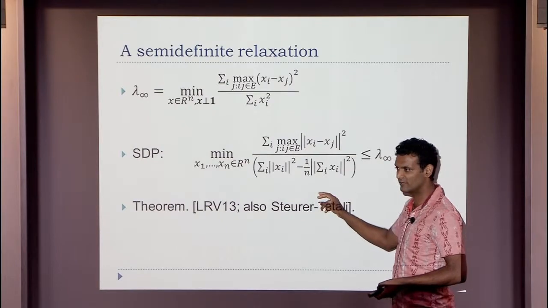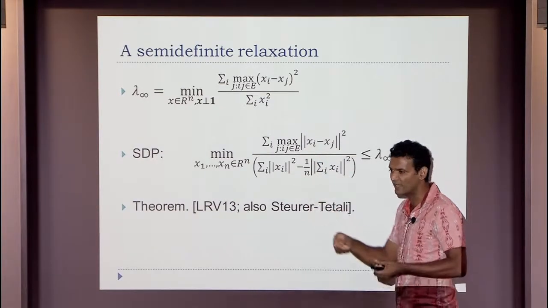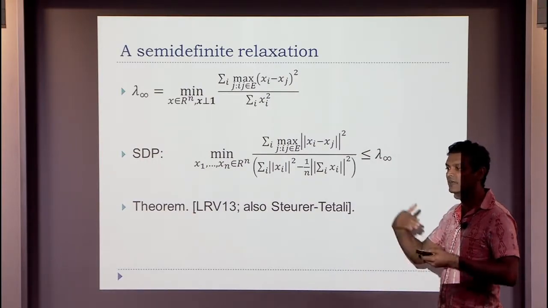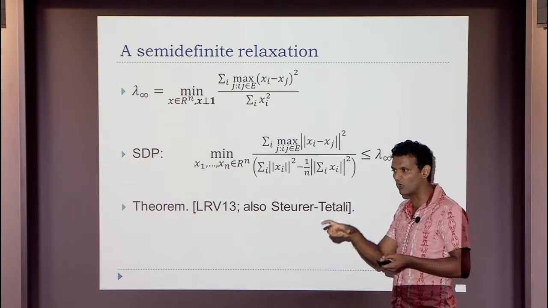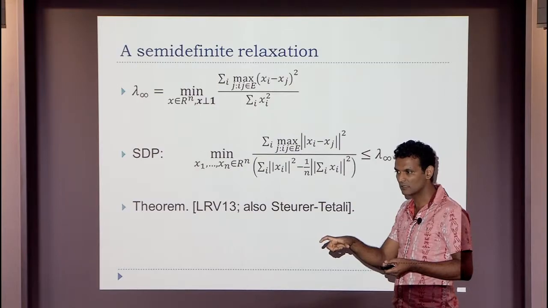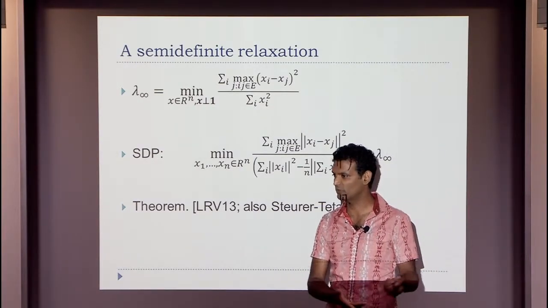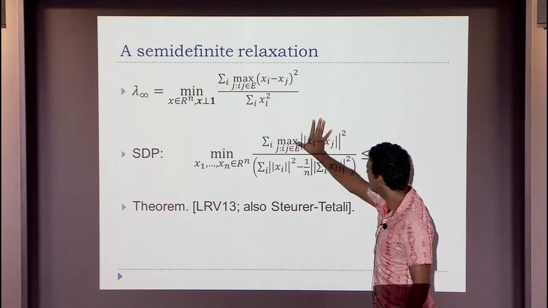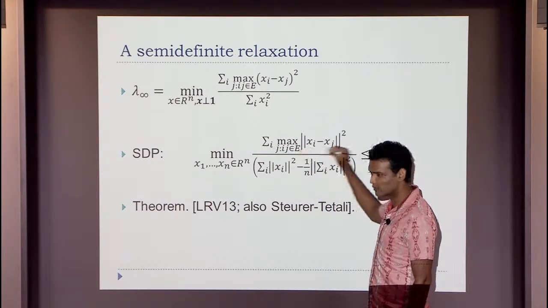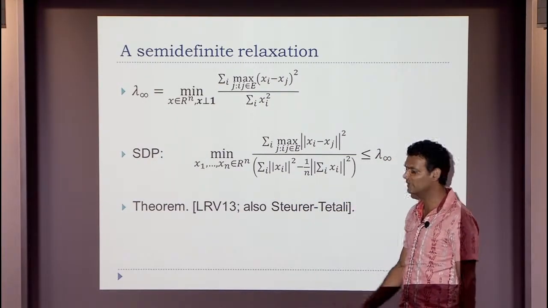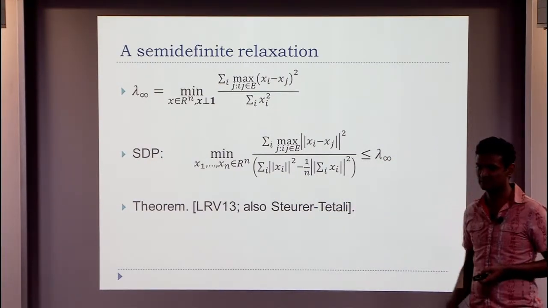For each vertex i, let's put a variable alpha i that is larger than what you get for the vertex i. So you turn this into a linear constraint. You have a linear objective function, and this is another constraint, and you minimize this.